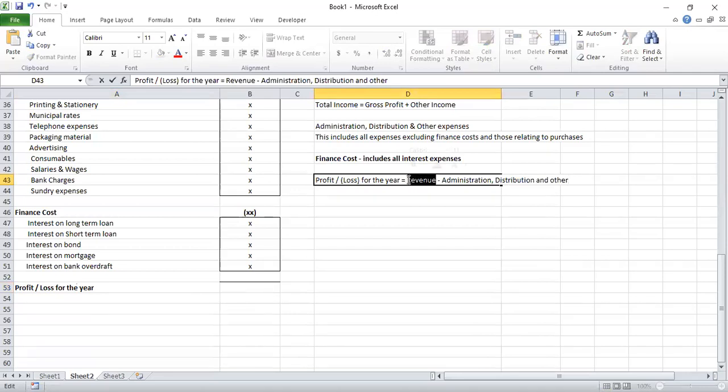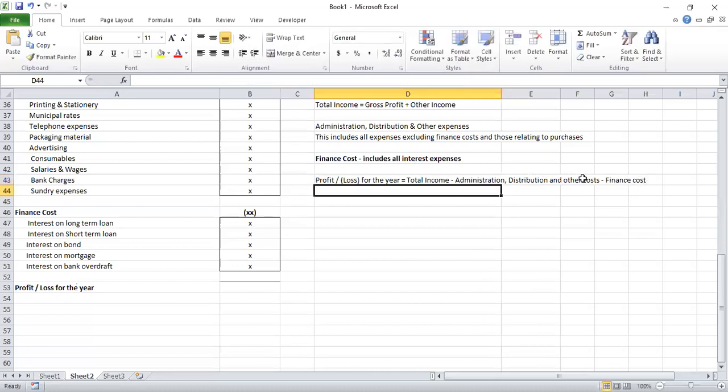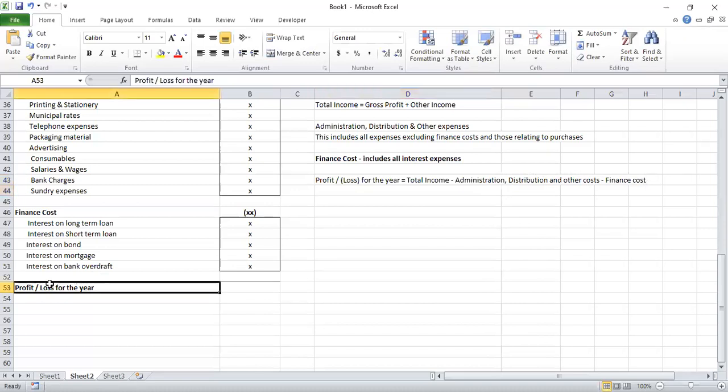Total income, sorry. So if it's negative, it's a loss, if the expenses are more than the total income.